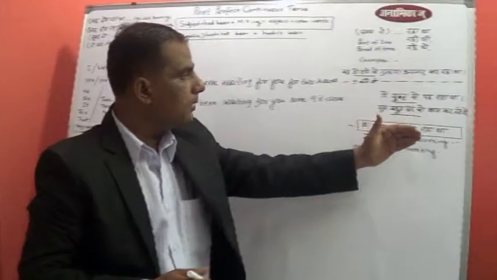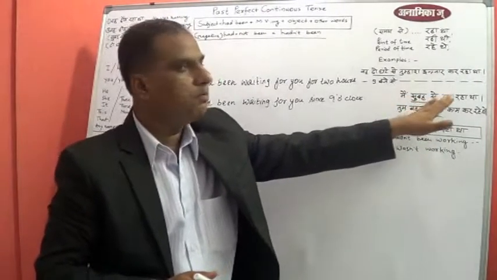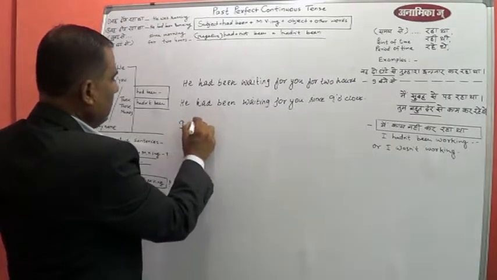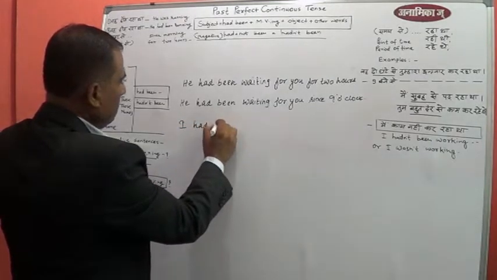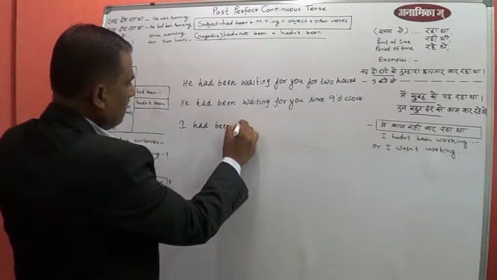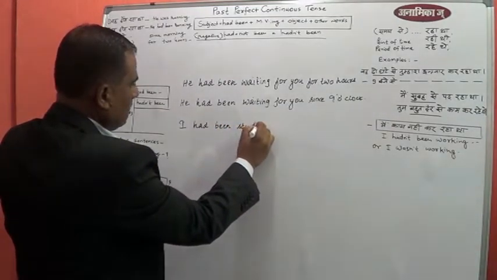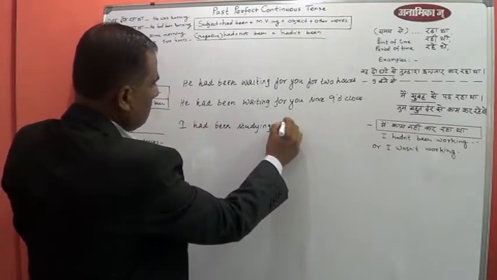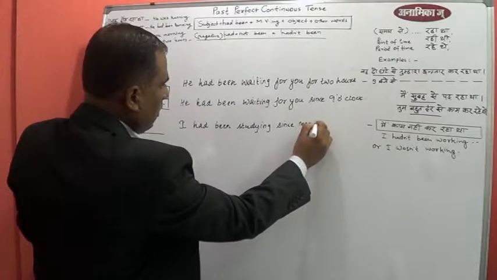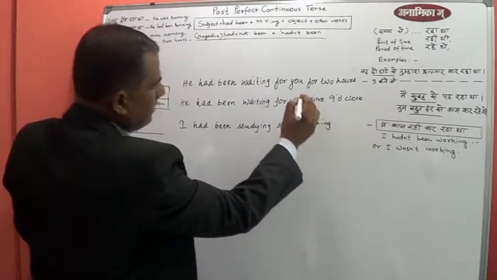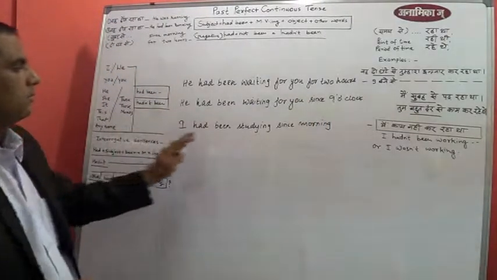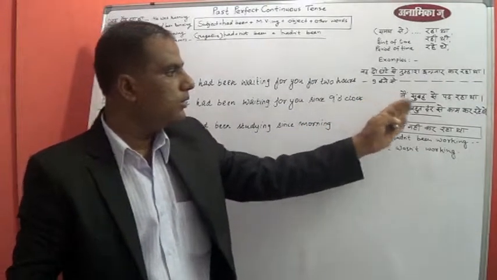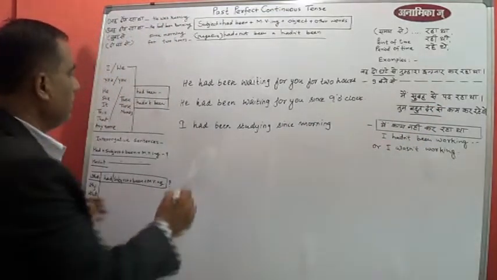Now let's take some other example. मैं सुबह से पढ़ रहा था. So it will be I had been studying since morning, because morning is an indicative of point of time. Similarly, take another example. तुम बहुत देर से काम कर रहे थे.